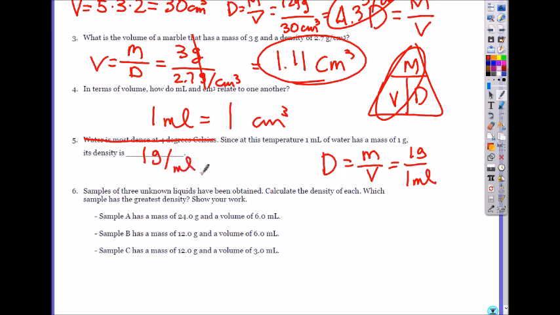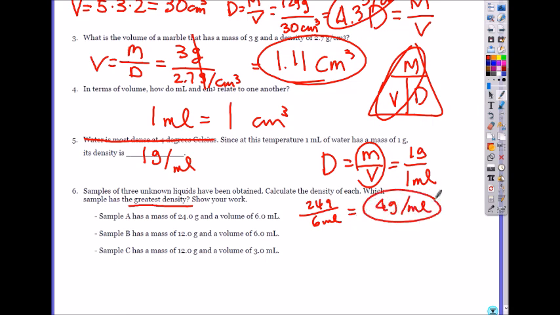Okay. Now number 6. Samples of 3 unknown liquids have been obtained. Which one has the greatest density? You have to compare all 3. First one, density is again mass divided by volume. So it's 24 grams per 6 milliliters. Make sure you compare the units. So it's 4 grams per milliliter for the first one. What about the second one?